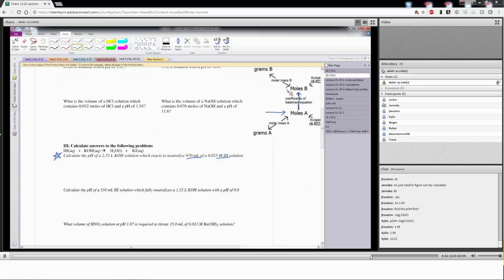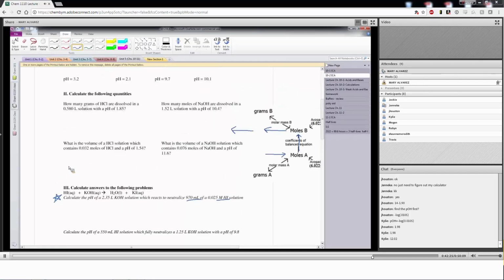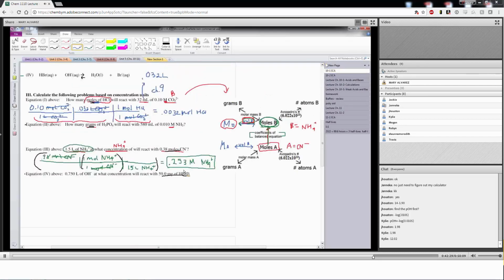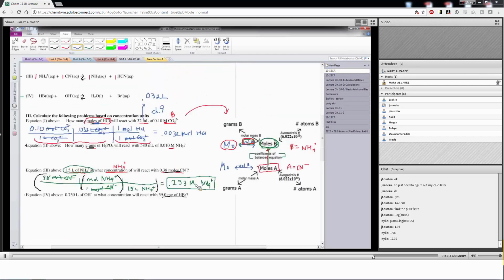I'm given the volume of base, so I can use that to calculate the concentration of base. And then I can use that to find the pOH and then the pH. So this is exactly like the one that we just did here, but then adding an extra step of calculating pH or pOH when we're done. Okay. All right. So we can plug that in.